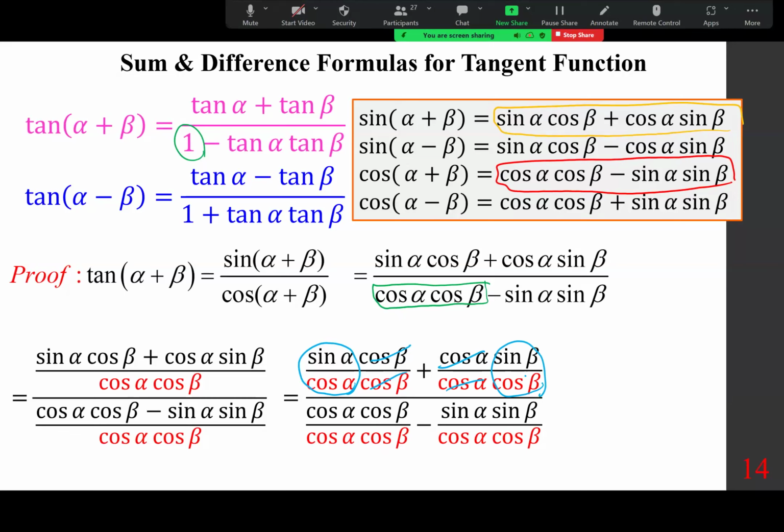Plus sine beta over cosine beta is tan beta. These cancel each other, they get 1. This is tangent alpha. This is tangent beta. Believe it or not, that's the proof.